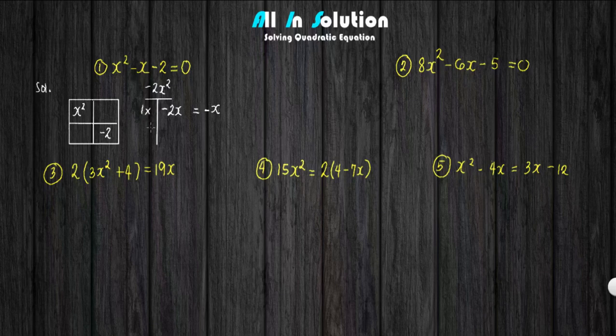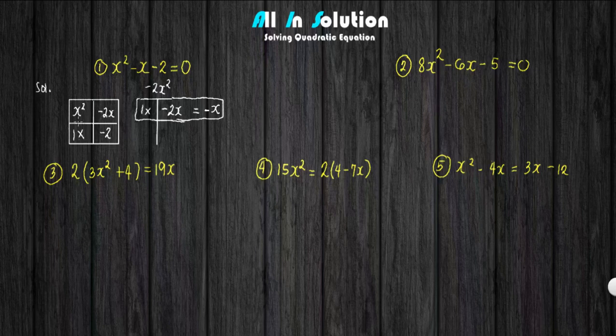And yes, nakuha na nga natin ang ating middle term. Agad-agad nakuha natin yung ating factor. So, yung dalawang factor na yan, yun yung ilalagay natin dito sa remaining squares natin. Yan, dito naman yung negative 2x.